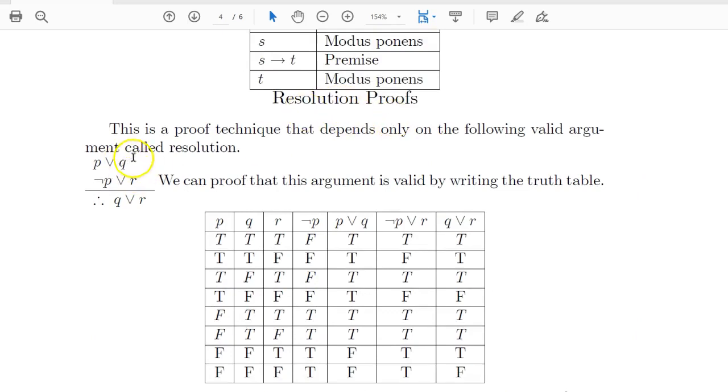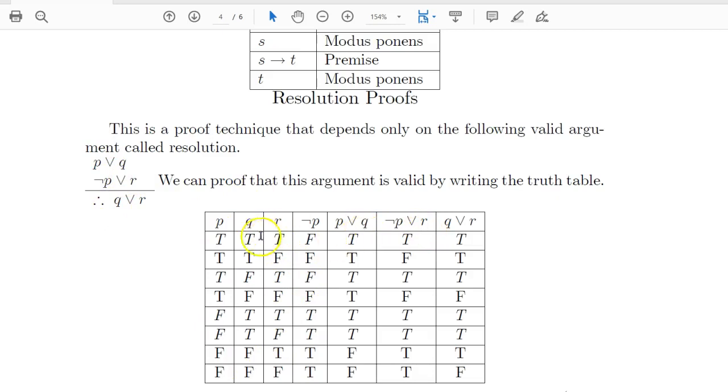Resolution proofs. This is a proof technique that depends only on the following valid argument: P or Q, not P or R, and therefore Q or R. This argument can be proved by considering this table with 8 rows.